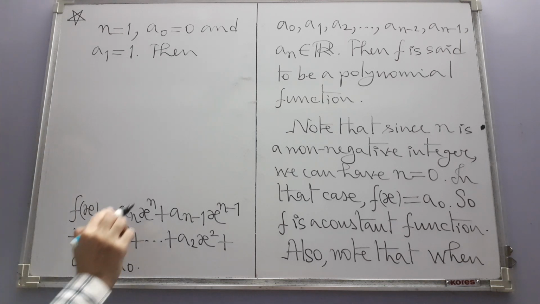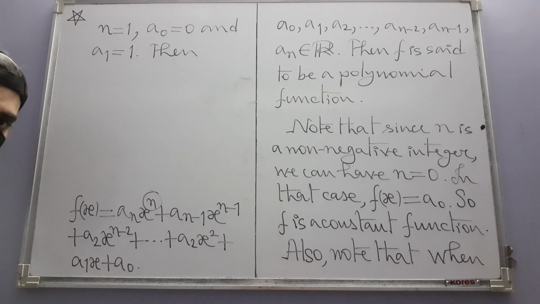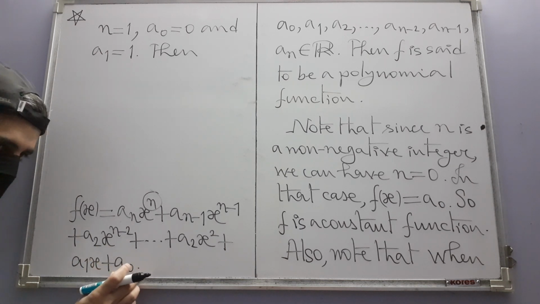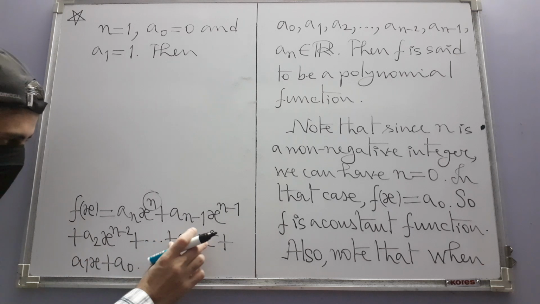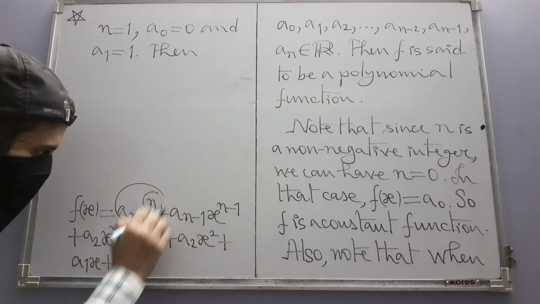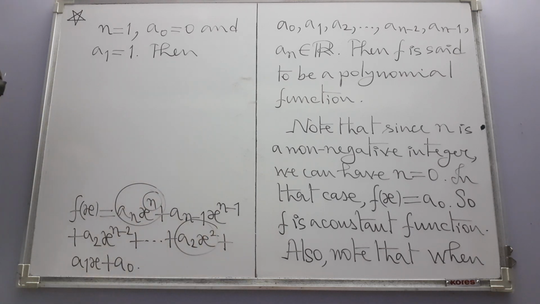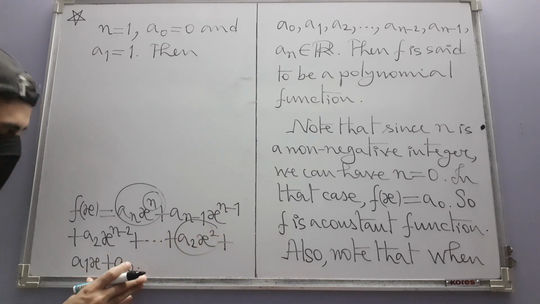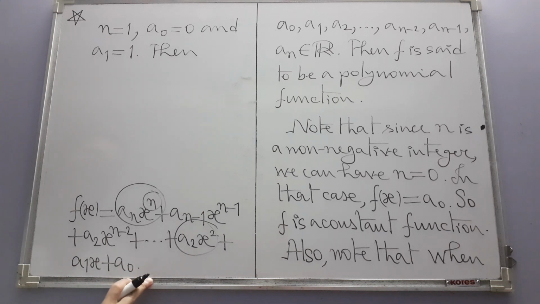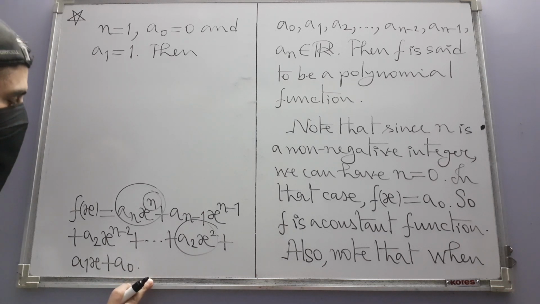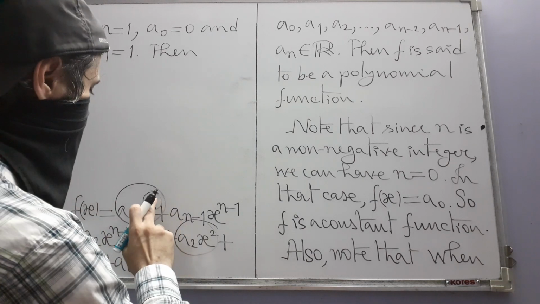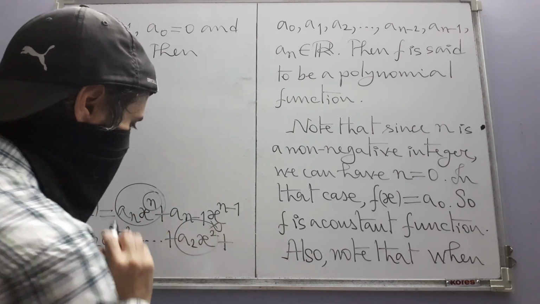So what we have taken, n is 2. That means if you start from this side, you have a0, you have a1x and you have a2x squared. That means the polynomial function has 3 terms in this sum. Oh, no, what am I saying? Now n is 1, so this term also will not be there.